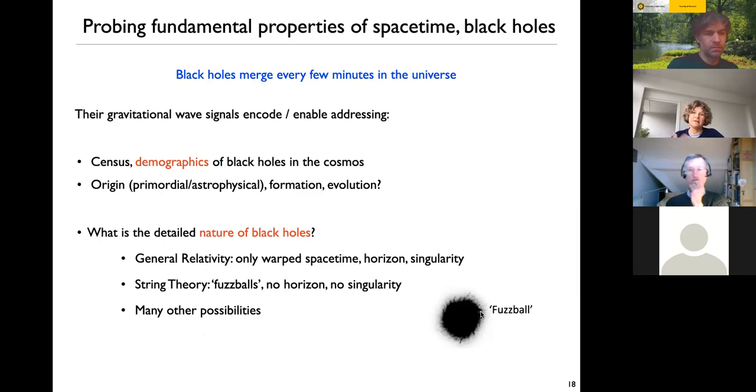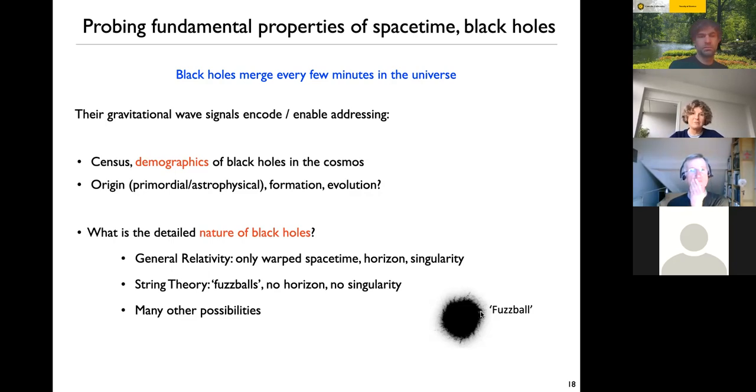Well, with the distribution of masses, one could already see that now it is possible to make a census of the black holes that exist in the universe, at least those accessible to the detectors, and also record their properties and understand better where they come from.